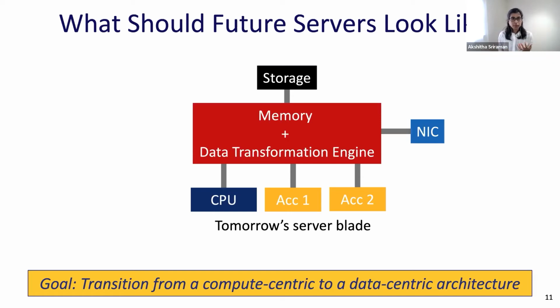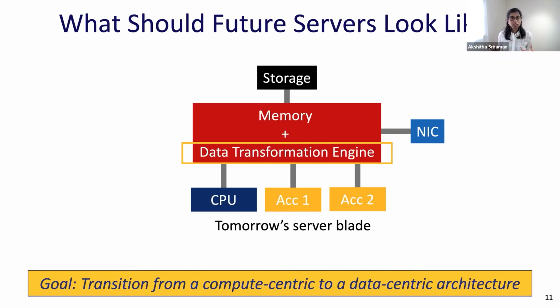So the first thing that we are trying to do is go down this path of identifying what this data transformation engine should even look like, where we are trying to identify the types of data center operations that are frequently transforming different types of data as and when they're sending and processing requests to different devices, different microservices, and so forth.